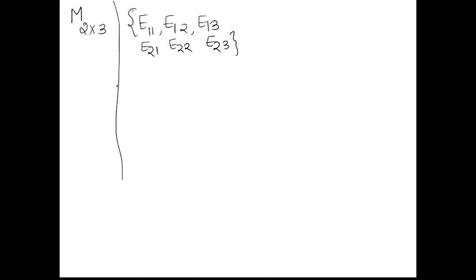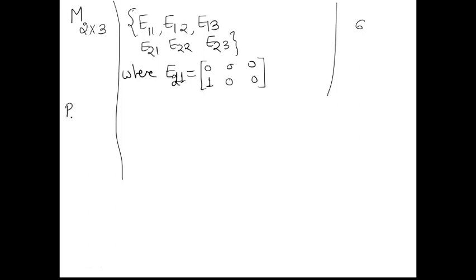These will be the 6 elements in the basis. Now, what will E21 look like in the form of an element? It is of size 2 by 3, meaning 2 rows and 3 columns. So except the 2 1 position, all other elements will be 0. So it's 0 0 here, this is the 2 1 position, so 1 here and the remaining elements 0. Like this you can write the rest of the elements. I hope the concept is clear to all. Now here there are 6 elements in the basis, so the dimension is 6.